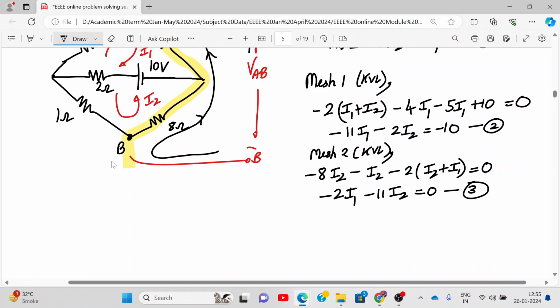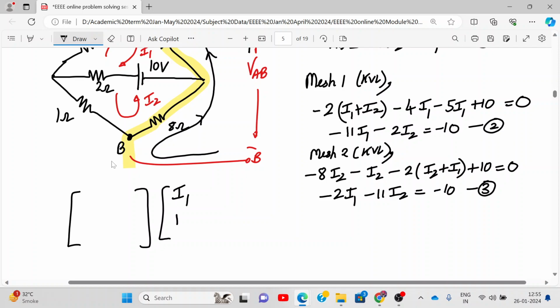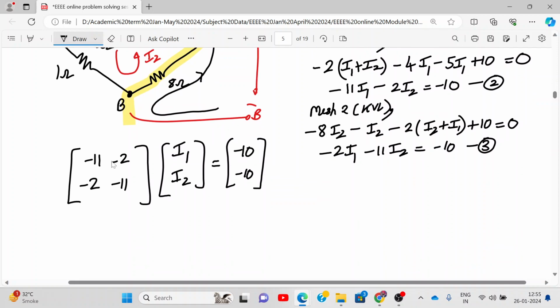So is this correct? So don't we consider the voltage source? Yes, we do consider a voltage source. Again it is plus 10, no? Now is it correct? Is this correct now? Equations are correct. Can you find the currents I1 and I2?